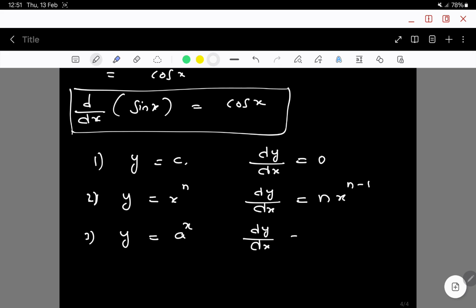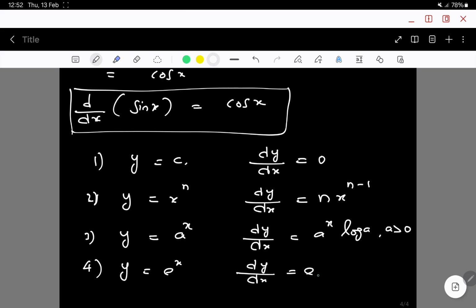Dy by dx is a power x log a, where a must be greater than 0. Fourth one is e power x. Dy by dx is again e power x, because we get log e base e, which is 1. So we write the same e power x.